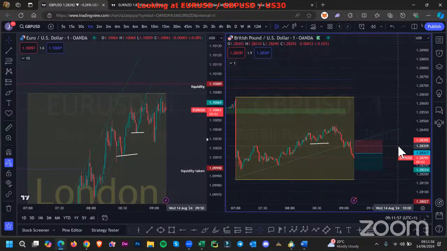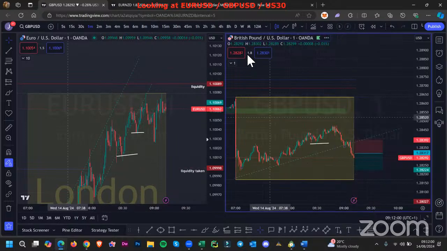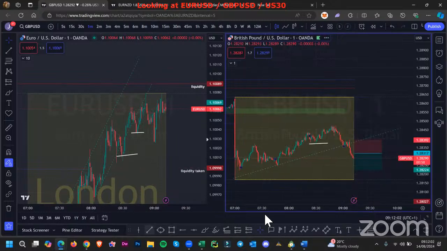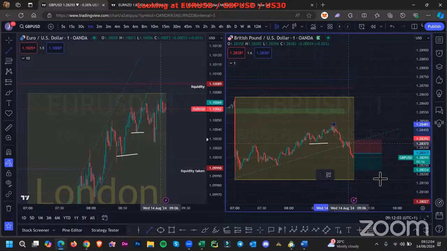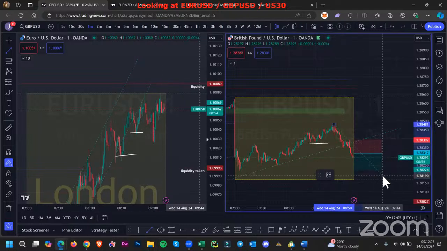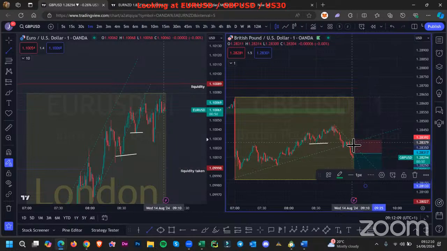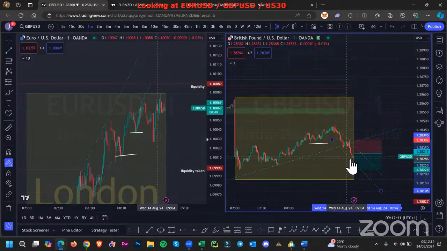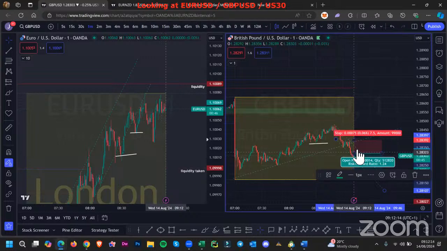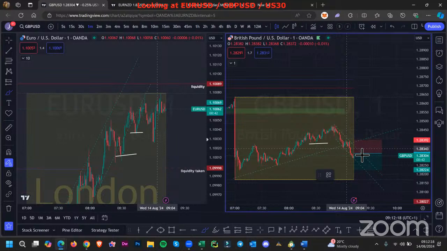I'm going to wait to see whether or not this market, we've seen some divergence between these two pairs now. Like GU is doing one thing, EU is doing something else. I'm going to see whether or not we get a tap back into kind of this area here.